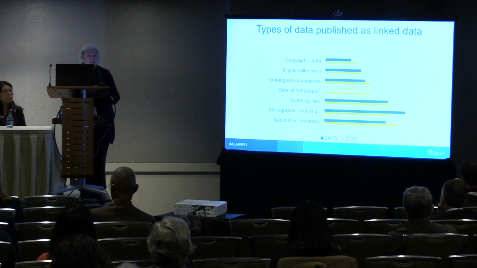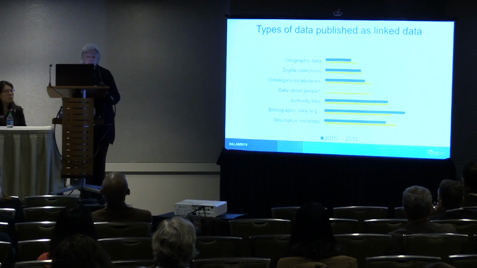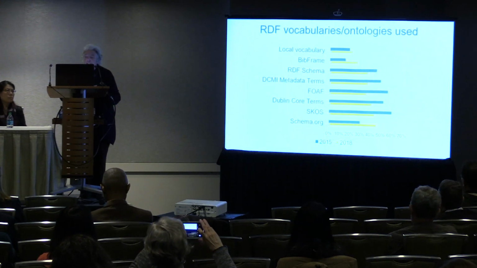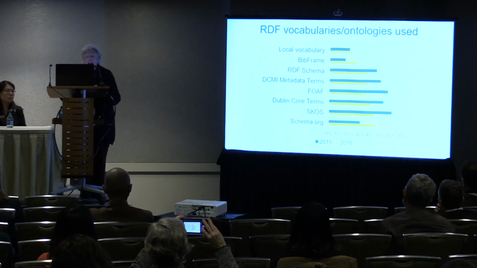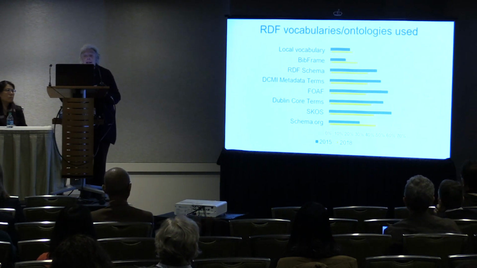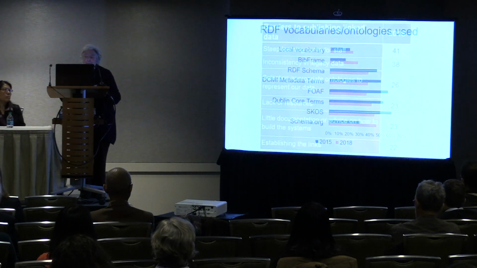And we also noticed that there were slightly more respondents that were now publishing linked data about digital collections and geographic data. Now, for the vocabularies and ontologies used, we note that there were increases in those publishing in schema.org and in BIBFRAME, and more significant decreases in those publishing with SKOS and Friend of a Friend.